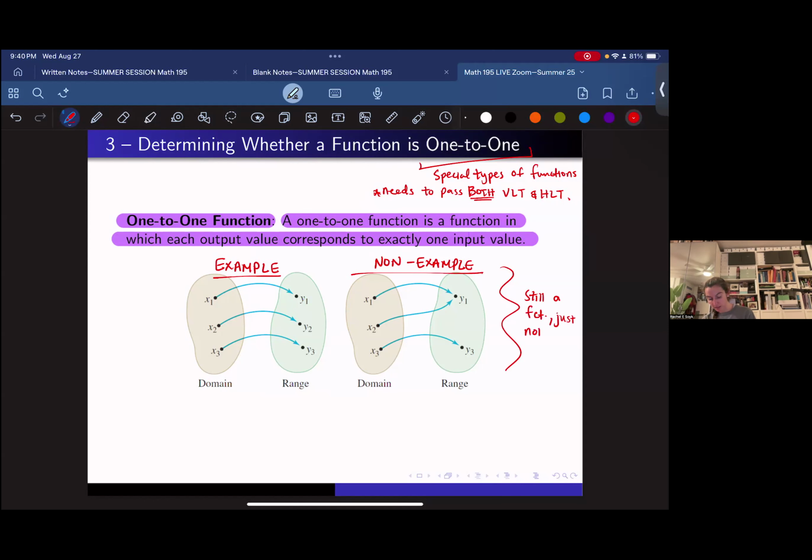Because it passes our vertical line test, it just fails our horizontal line test. Whereas in the first example, it passes both the vertical line test and our horizontal line test. So it's important to remember we need it to pass both the vertical line test and horizontal line test for it to be a one-to-one function.